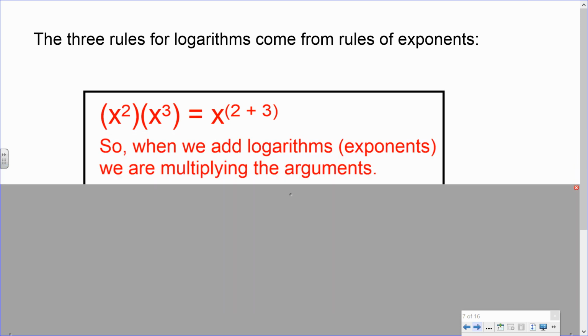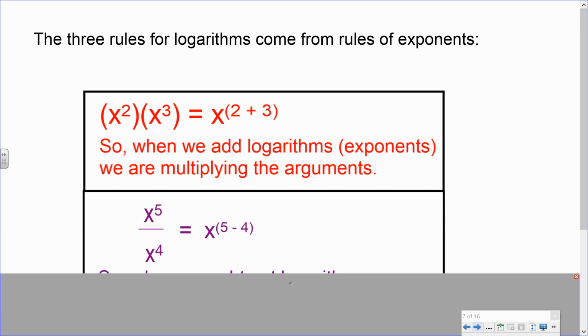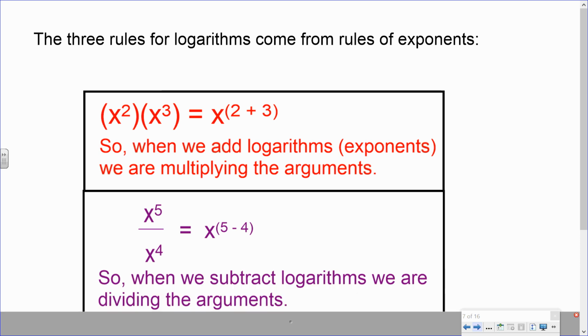And I'll write that out in log form in just a moment. We also know that if we divide x to the 5th over x to the 4th, that's when we subtract the exponents. So if we have a log minus a log, we're subtracting exponents, so we need to divide the arguments.